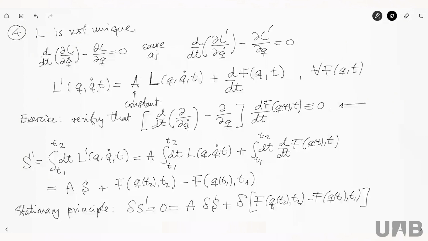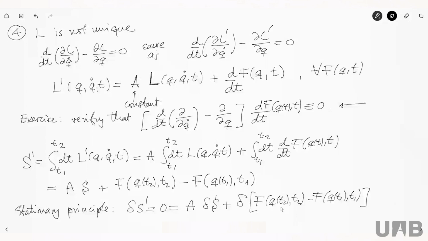Can anyone tell me? I think it has to be 0. It has to be 0 because otherwise what I'm saying is not true. But why is it 0? Because the points are fixed. The endpoints. No, not exactly. Not exactly, because I'm not taking a variation with respect to t2.